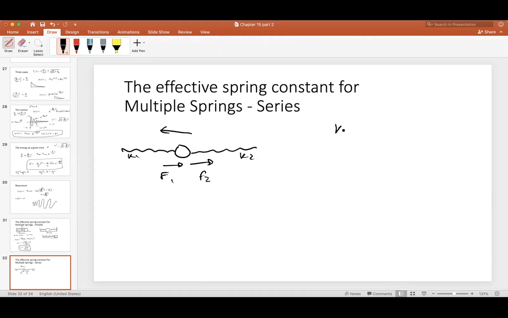So we know that K1 X1 plus K2 X2, right, has to be equal to the force acting on it. And we assume that this force is some K effective times X. But we know that X is the same for everything here. So again, this is quite simply K1 plus K2.